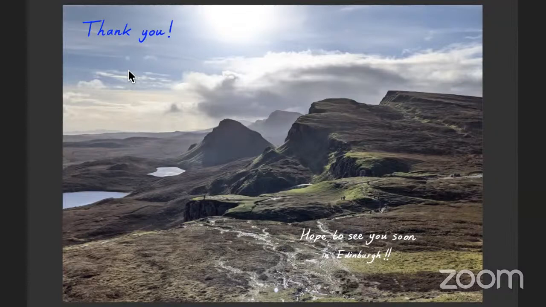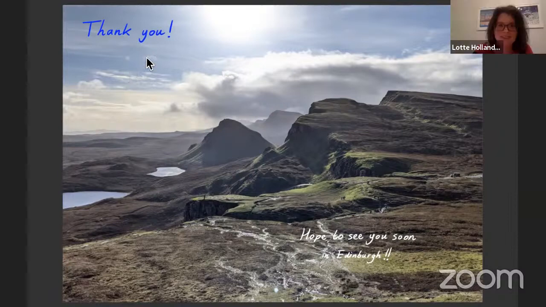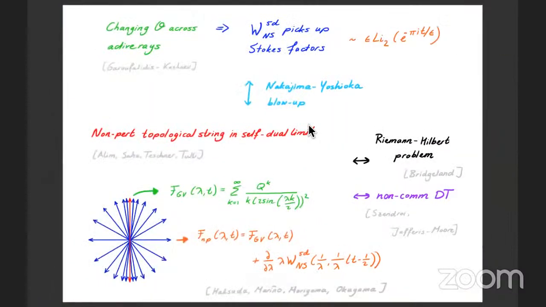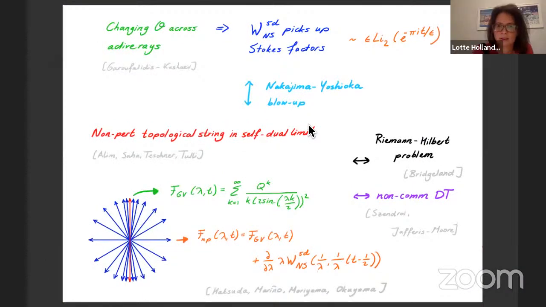It's pretty spectacular. The other question is, could you elaborate, please, on the relation to the Nakajima-Yoshioka blow-up formula? I didn't quite see what a blow-up has to do with any of this. I'm familiar with the blow-up formula in Donaldson theory. I'm quite intrigued.